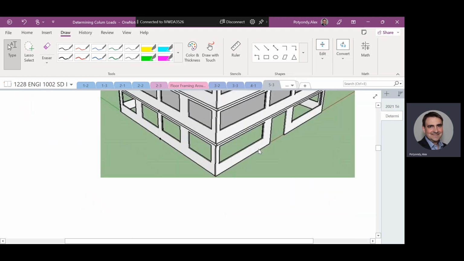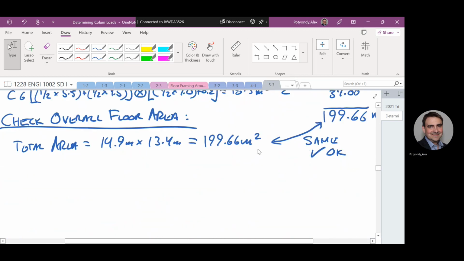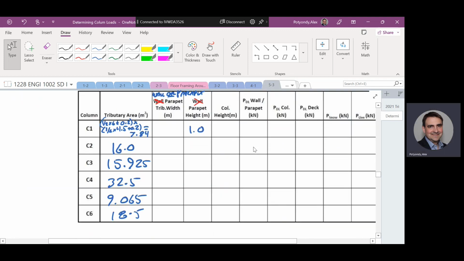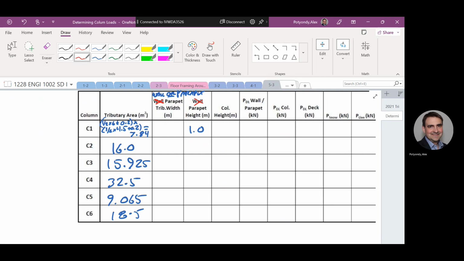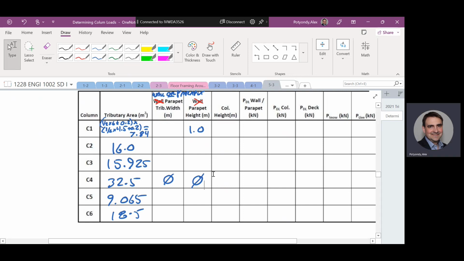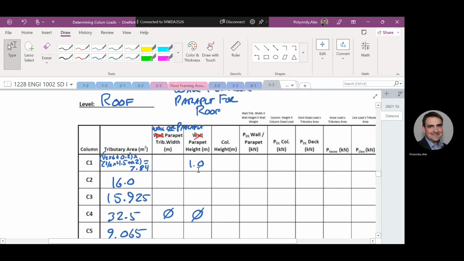That makes sense. They're interior. So I'm going to go back to my table down here. And for my interior columns, I'm going to say here that for C4 it is going to be 0 and 0. We're not supporting any height or any part of that.